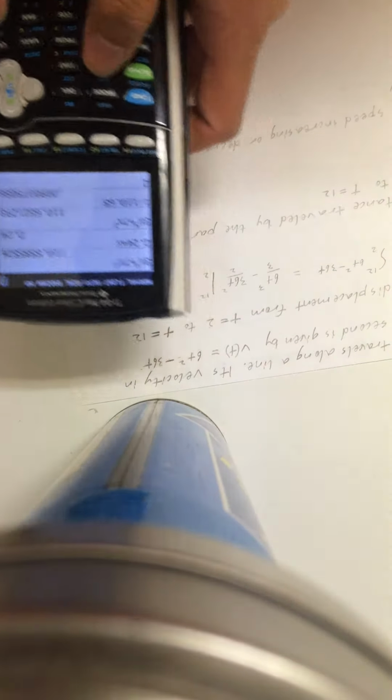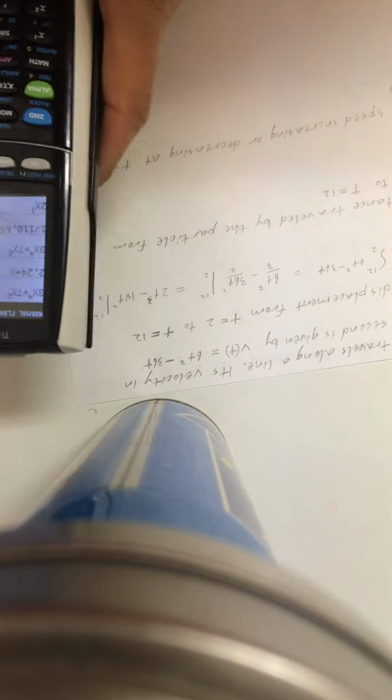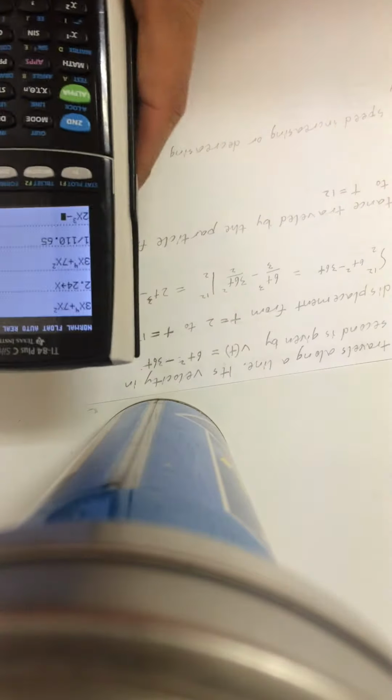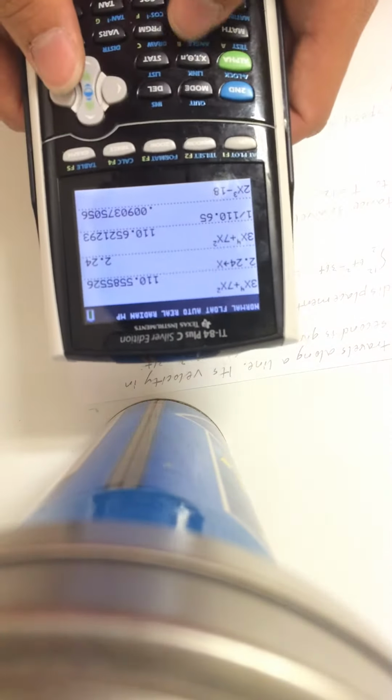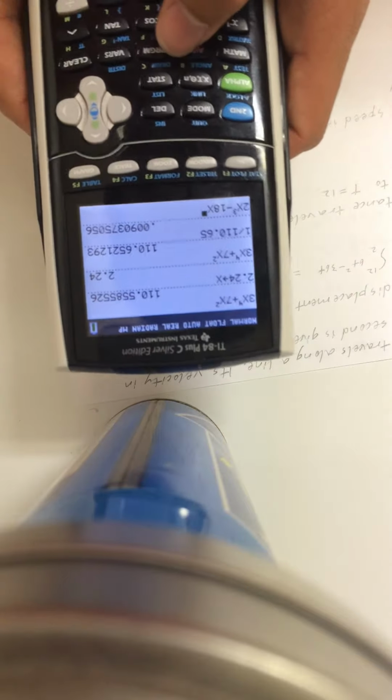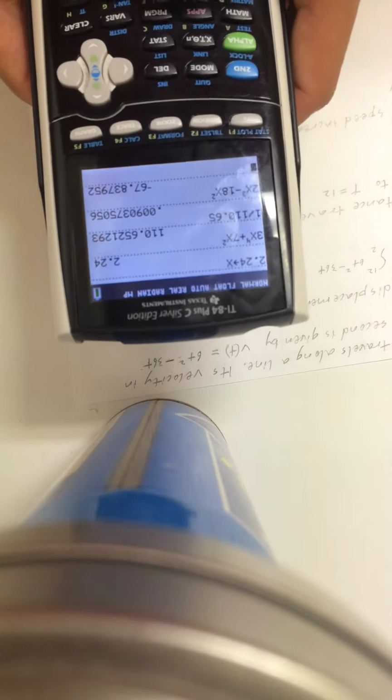And plugging 12 into the function 2t cubed minus 18t squared, I would get 864.